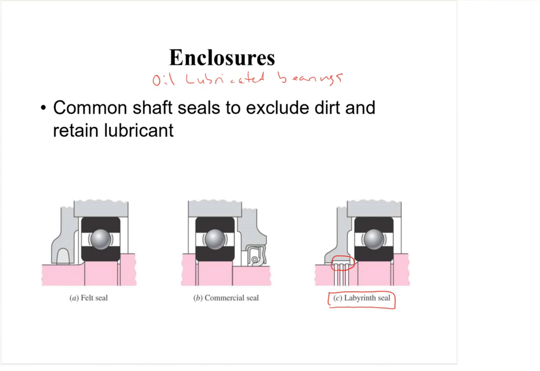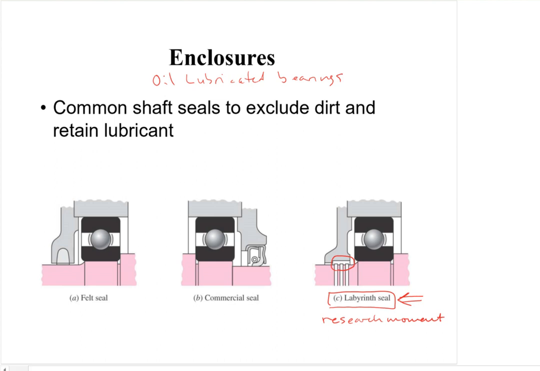What happens in a labyrinth seal? This would be an independent research moment for you. If you want to see something that's mechanically extremely simple but uncommonly effective, and also very prevalent in a lot of high power rotating machinery, that would be the labyrinth seal.